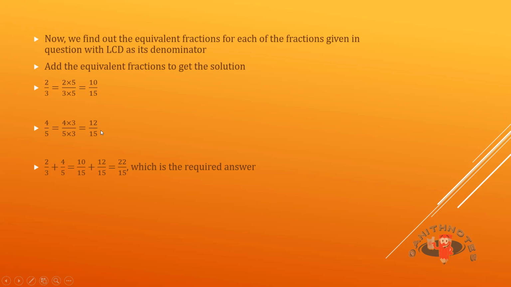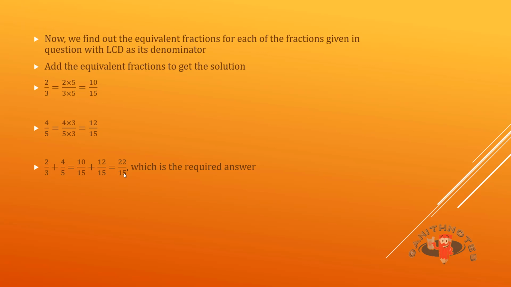Hope this is clear for everyone. Now, both the fractions have the same denominator. So, you just have to add these fractions. So, 2 by 3 plus 4 by 5 is the equivalent fraction 10 by 15 plus the equivalent fraction 12 by 15 which is equal to 10 plus 12 divided by 15 which is 22 by 15 which is the required answer.